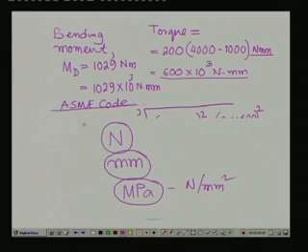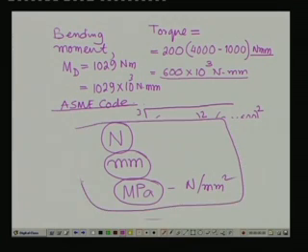This will make your life very simple, in the sense that you do not have to unnecessarily think of changing over the units every time. So, this gives you the idea of how you are going to design a shaft.